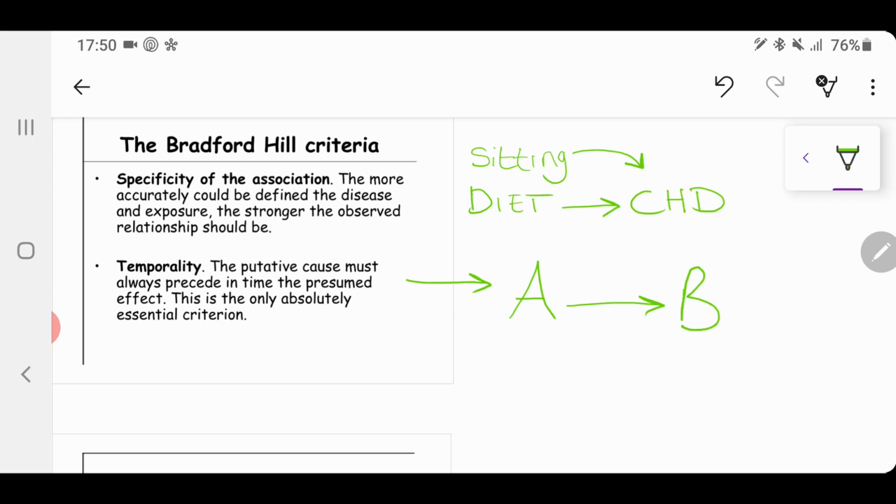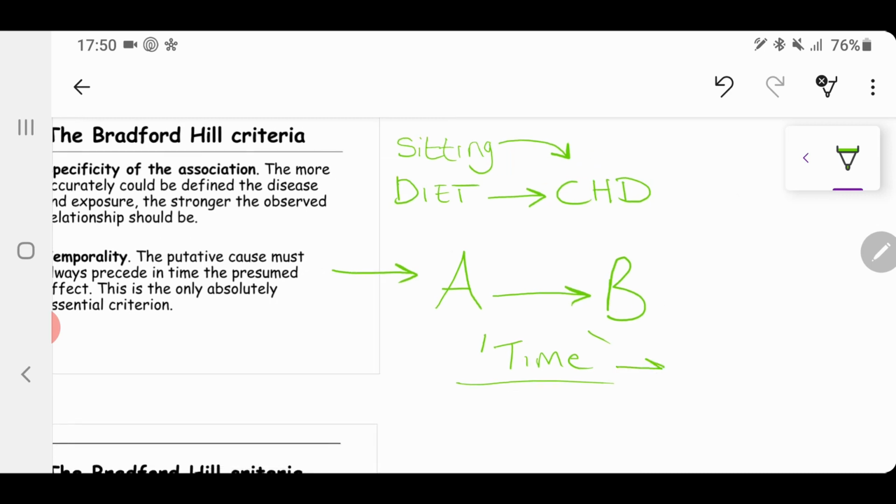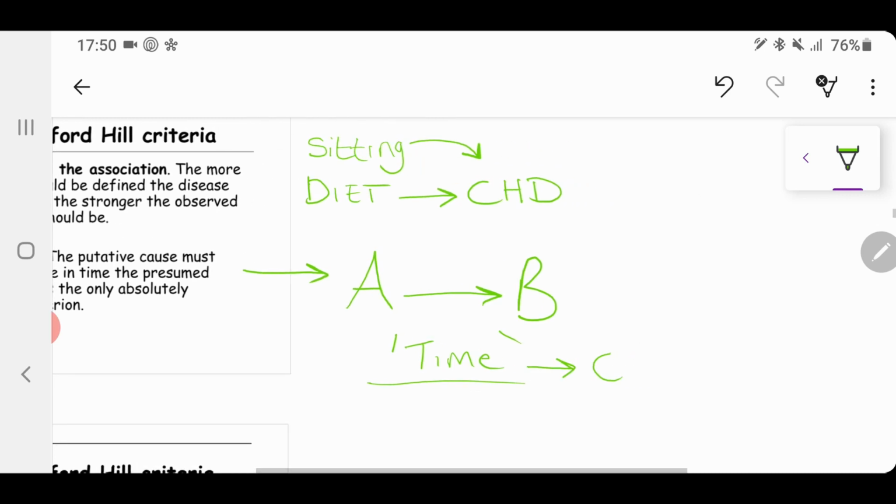This is important because we'll see later on the idea of incidence studies and prevalence studies, and the idea of cohort studies. It's important because with these incidence studies and with time, this will make sense later on, when we have incidence studies, we're able to infer there is a causative relationship.